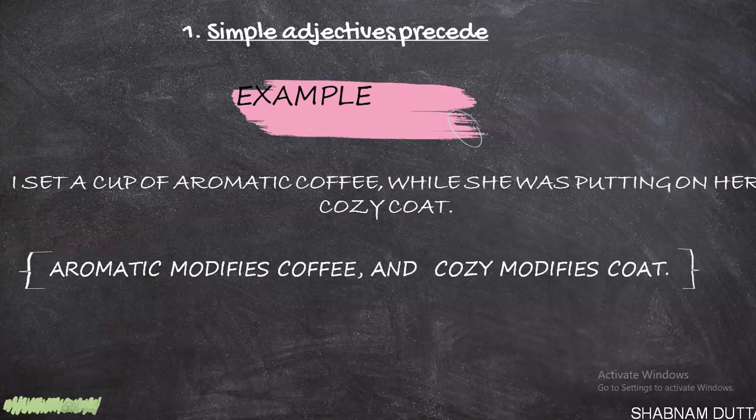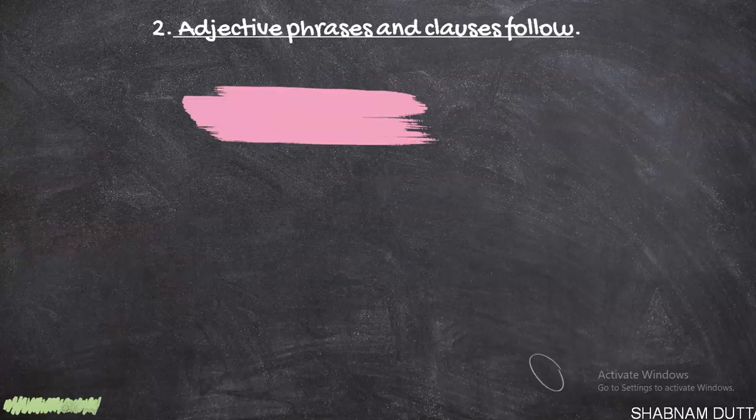The simple adjective aromatic is just before the word it is modifying, that is coffee, and the adjective cozy before coat. So we can say that the basic rule is to keep the simple modifier just before the word it is describing. Alright?